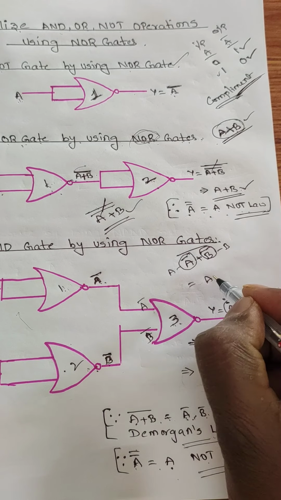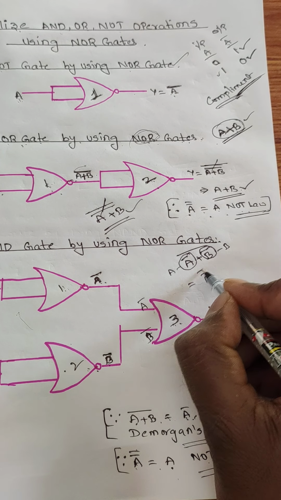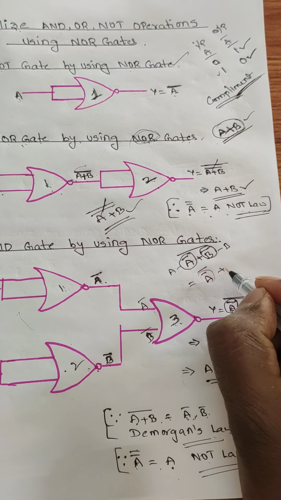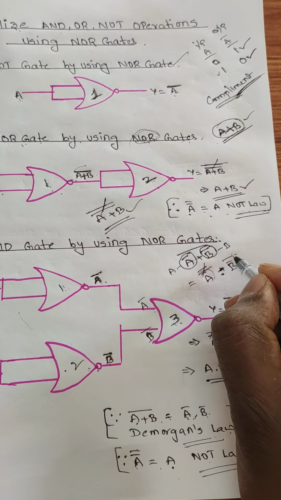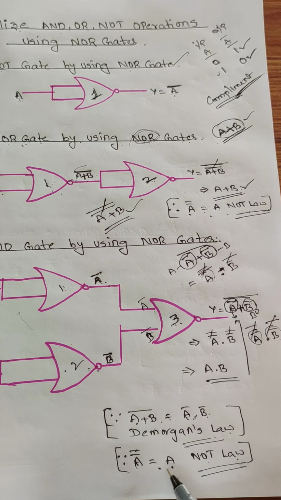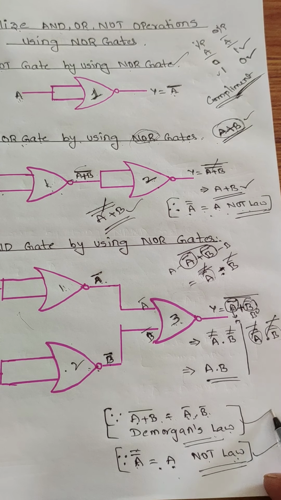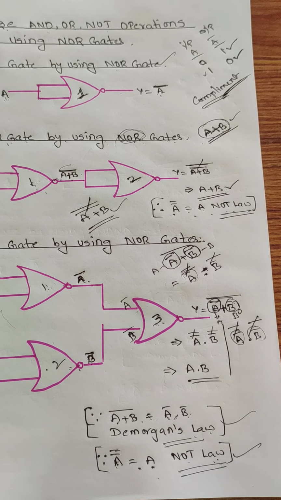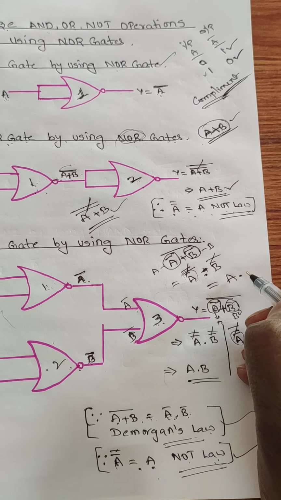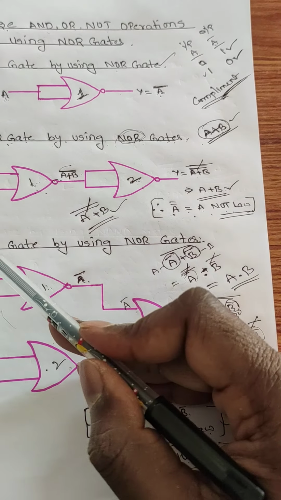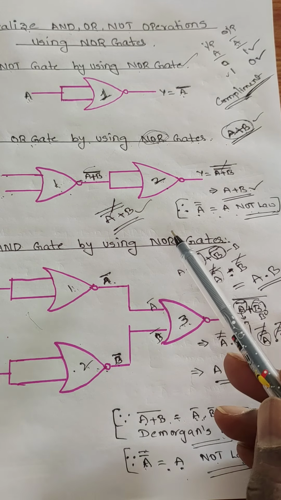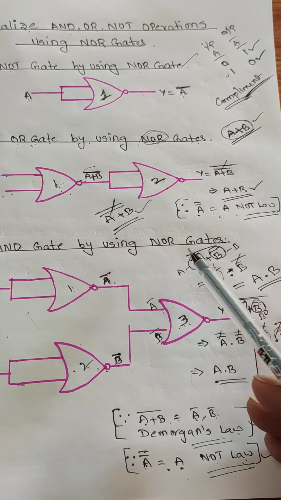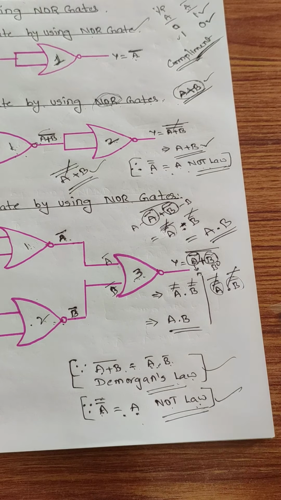Here, after De Morgan's law, A bar bar dot B bar bar. These bars will get cancelled as A double bar equals A by using the NOT law. So the final output will be A dot B. As we know, the output of AND gate is A dot B, and by using 3 NOR gates, we have constructed the functionality of AND gate. Finally we got A dot B.